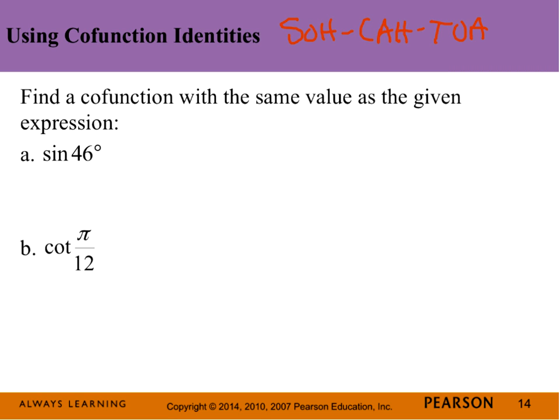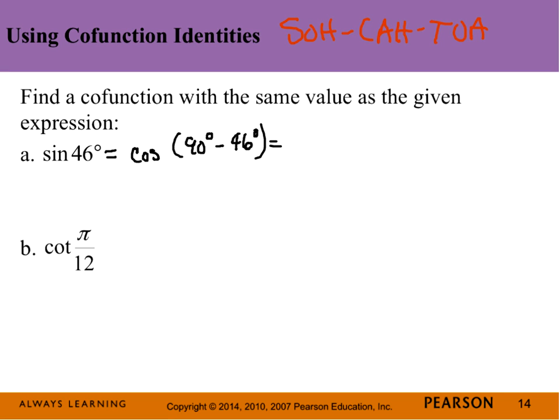And we're told, using our cofunction identities, that this is going to be the same exact thing as the cosine of 90 degrees minus 46 degrees.